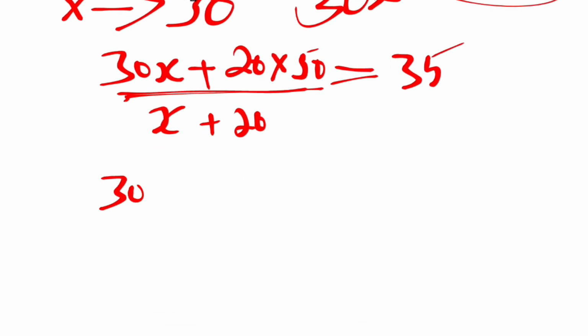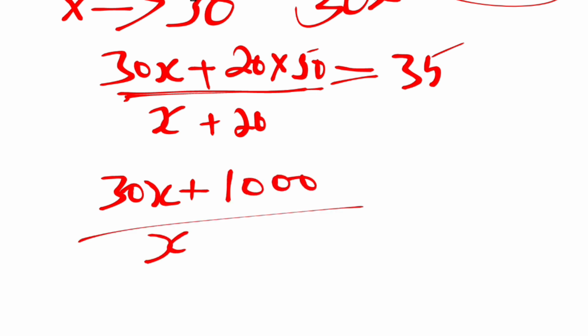30x plus 20 into 50, which is 1000, divided by x plus 20, is equal to 35.